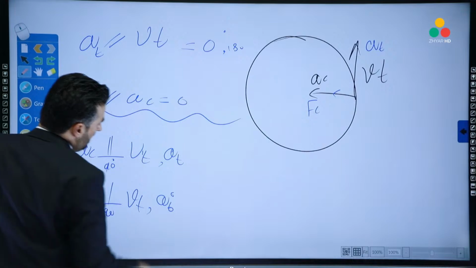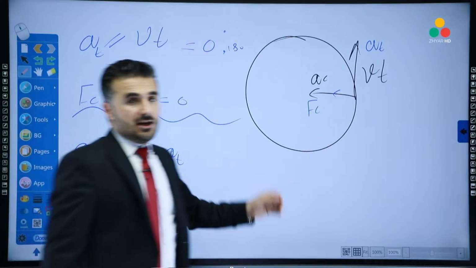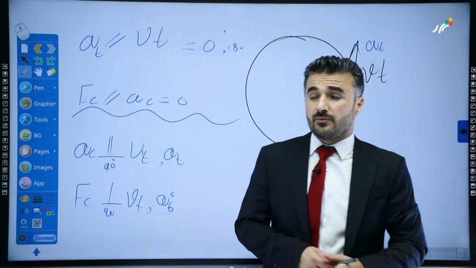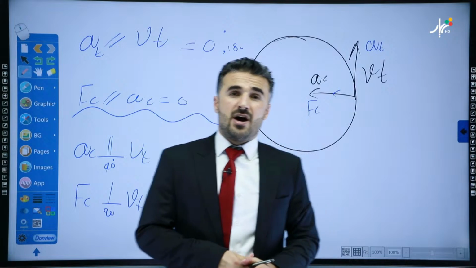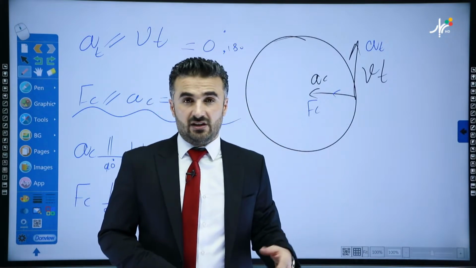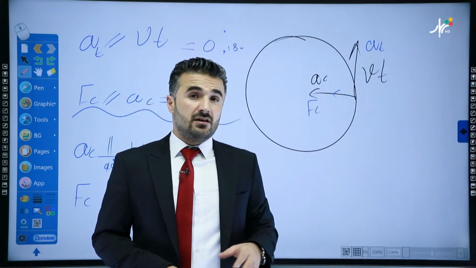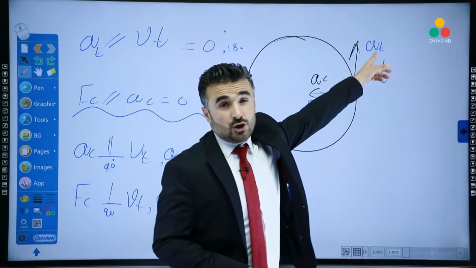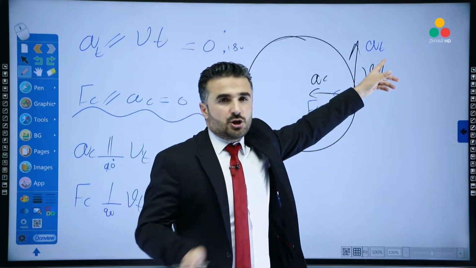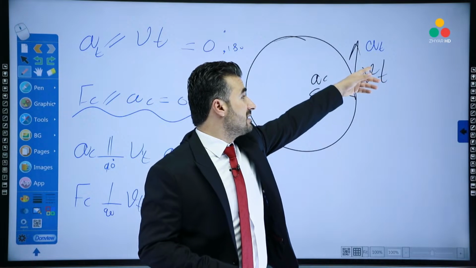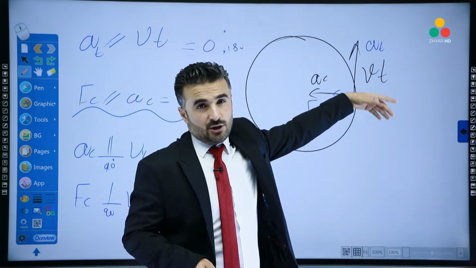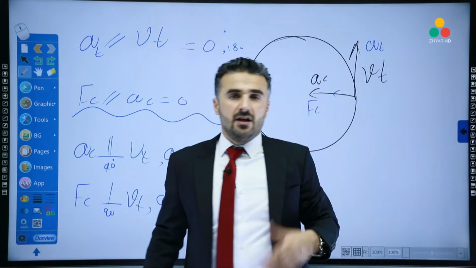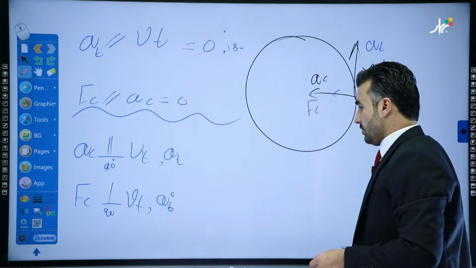That is also 90 degrees if we have tangential acceleration. Remember, if the object is moving in a circular path at a uniform speed, if the magnitude of speed doesn't change, then there is no tangential acceleration, because initial tangential speed and final tangential speed would have the same magnitude, then the tangential acceleration will be 0.